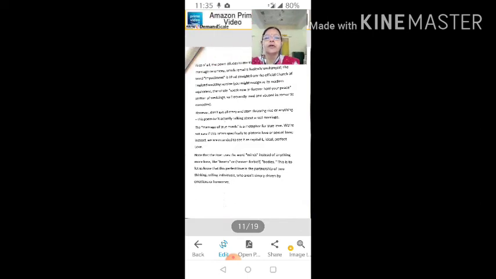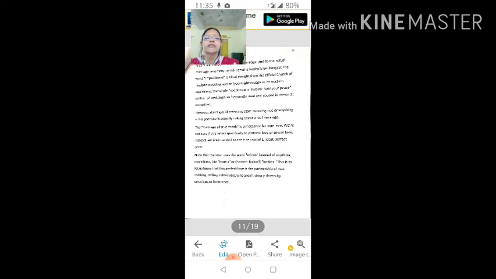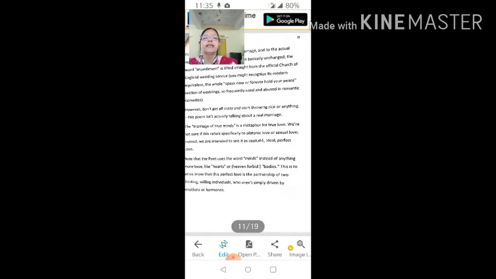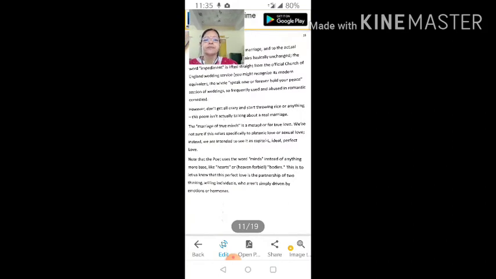First of all, the poem alludes to marriage and to the actual marriage ceremony, which remains basically unchanged. The word impediment is lifted straight from the official Church of England wedding service.